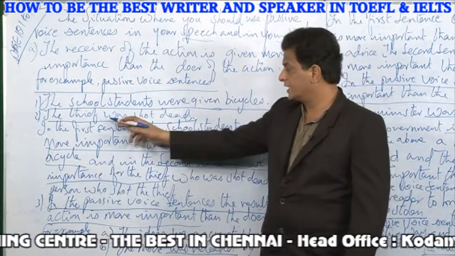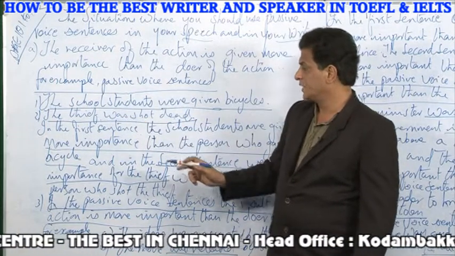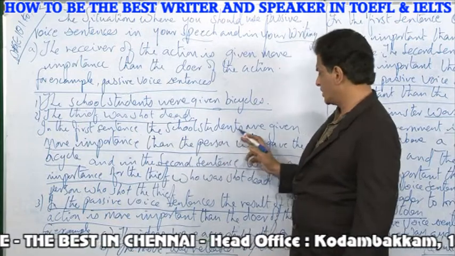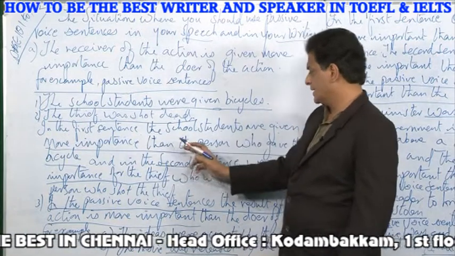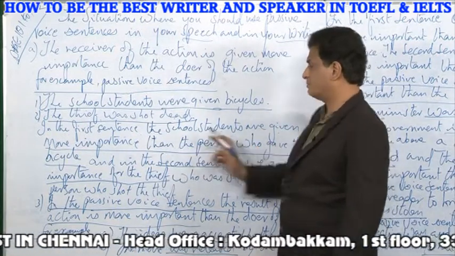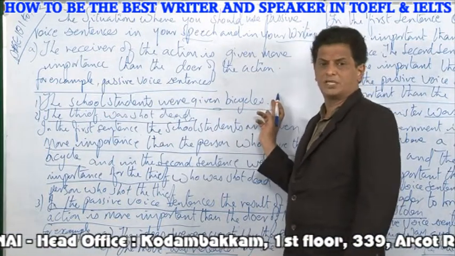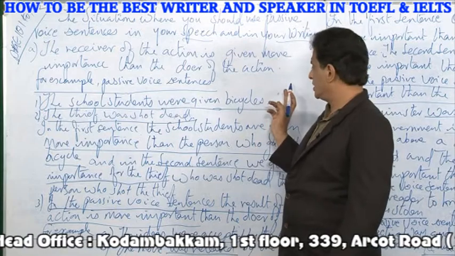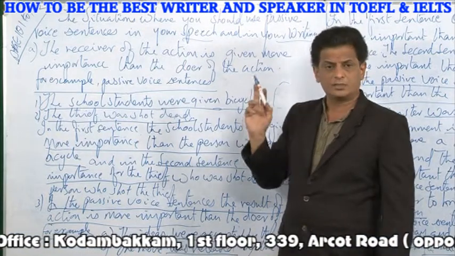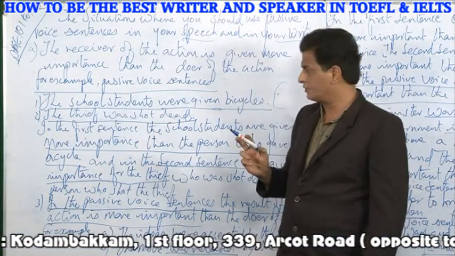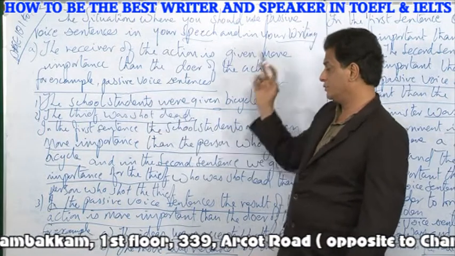Next, the thief was shot dead. In the first sentence, the school students are given more importance than the person who gave the bicycles. You are not using the words by the Chief Minister or by the government of Tamil Nadu. Then you are using the passive voice sentence.